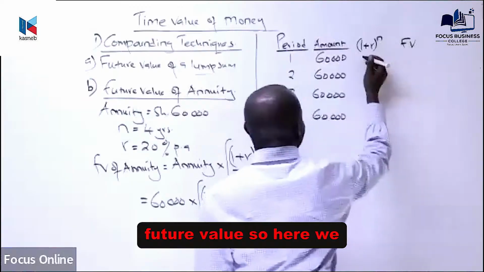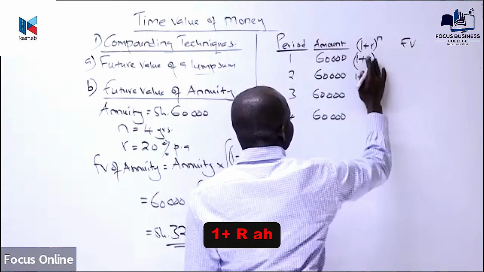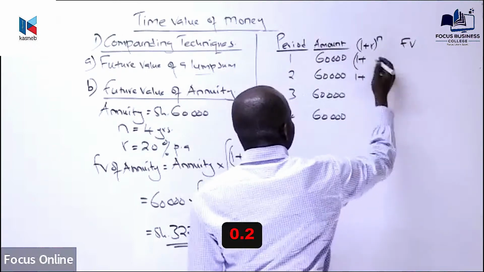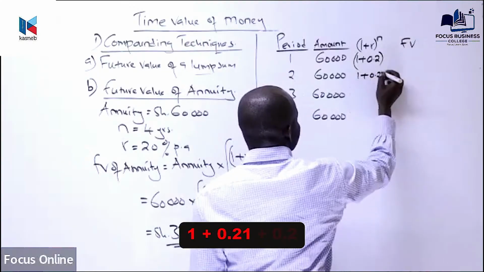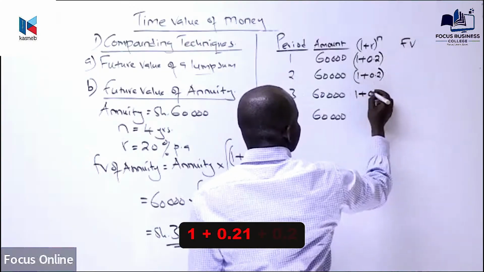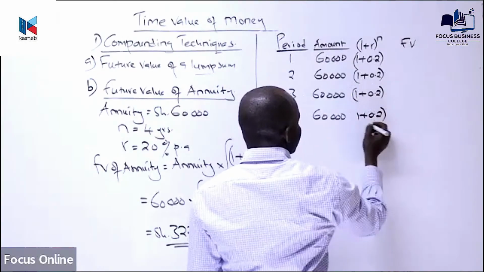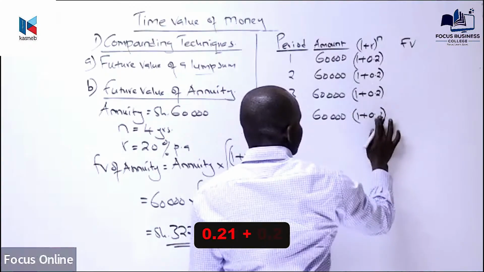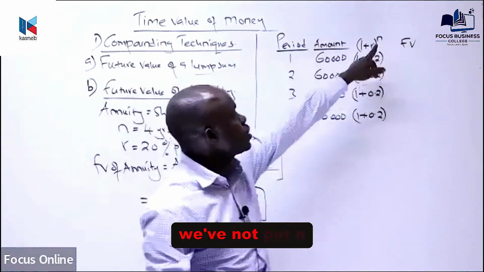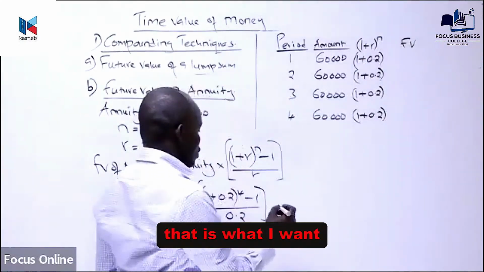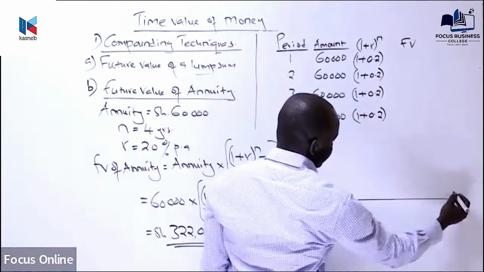So here we will have 1 plus r, where r is 0.2. 1 plus 0.2. So before that, we've not put n. That is what I want to illustrate here.